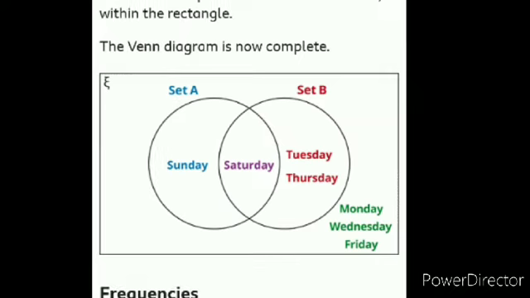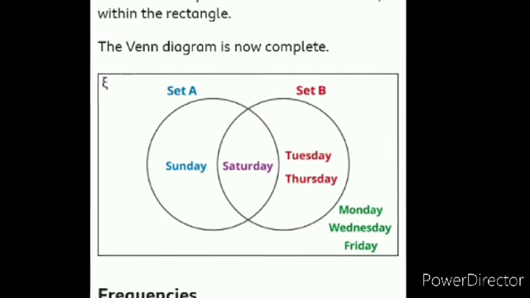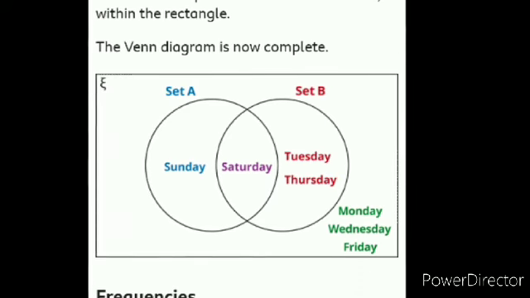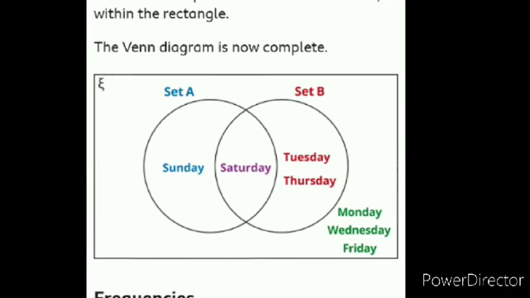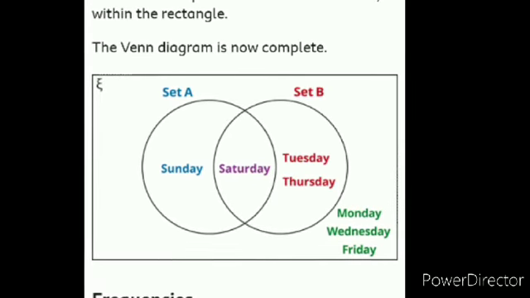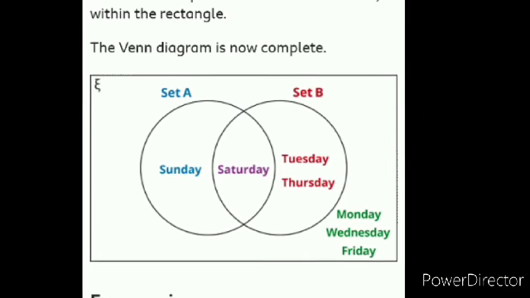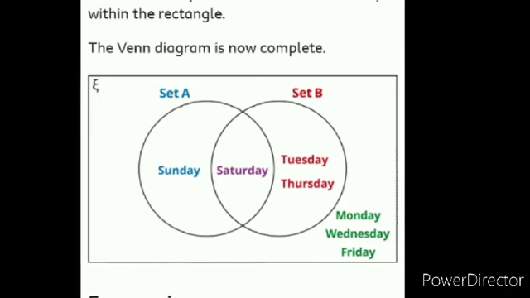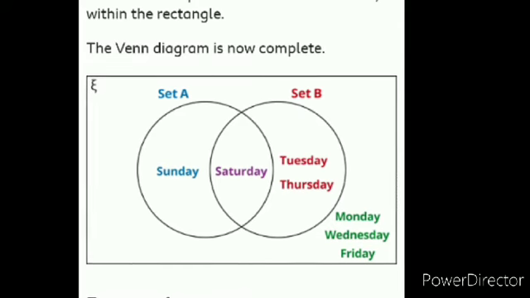Finally, consider the universal set. Tuesday, Thursday, Saturday and Sunday have already been placed in the circles of set A and set B. Only Monday, Wednesday and Friday remain.